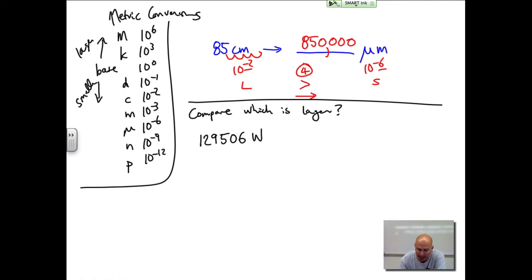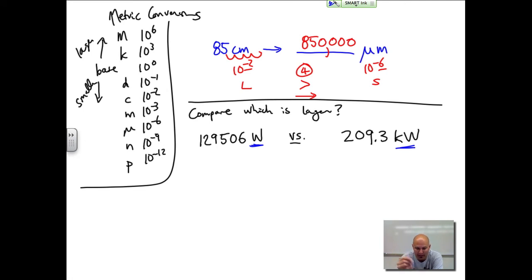And we compare that versus 209.3 kilowatts. Now, if you just look at the numbers, obviously 129,000 is bigger than 209.3, but we need to recognize that they're not in the same unit, so we can't compare them. You can only compare when they're the same unit.